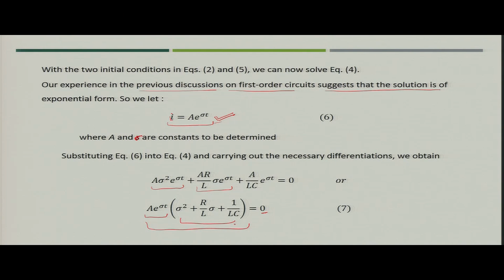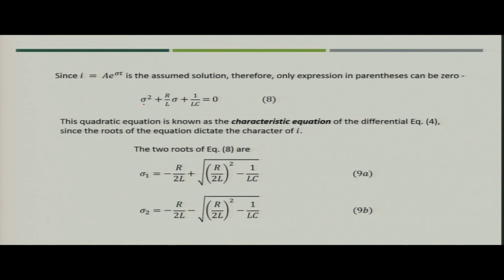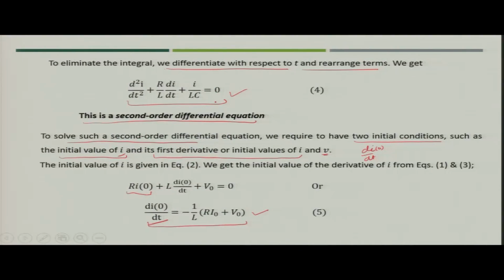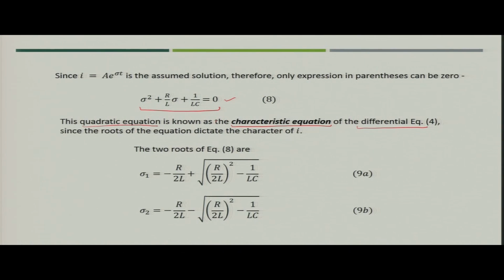So, what we are left with is sigma square plus R by L sigma plus 1 by L C equal to 0, which would be the governing equation. This is a quadratic equation, and we call this type of equation the characteristic equation for the differential equation which we just saw.